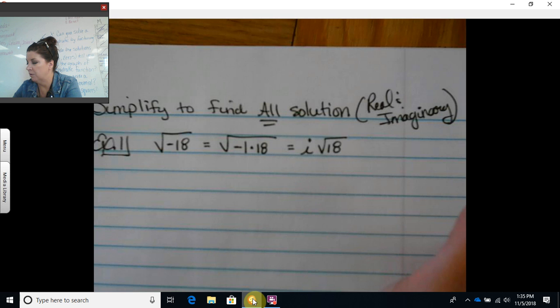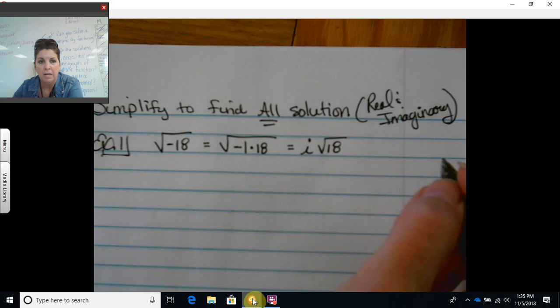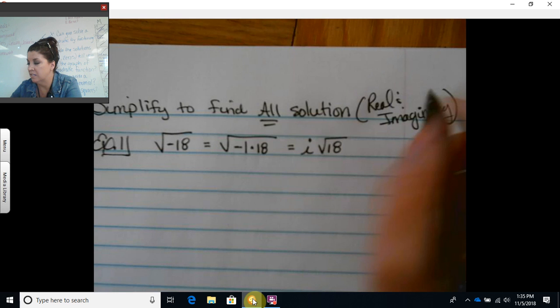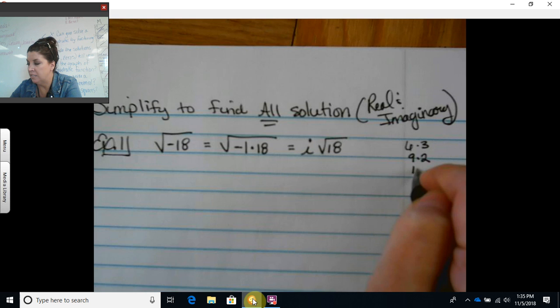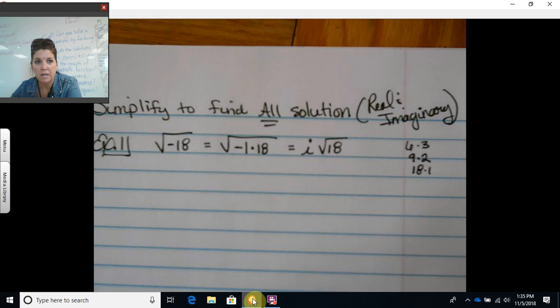But it might have perfect square factors, and if it does, then we have to simplify further, okay? So somebody tell me some factors of 18. 6 and 3, 9 and 2, 18 and 1. Are any of those perfect square factors?